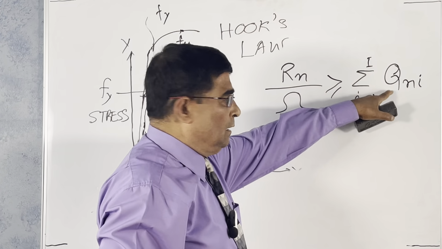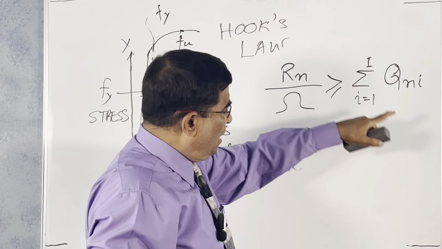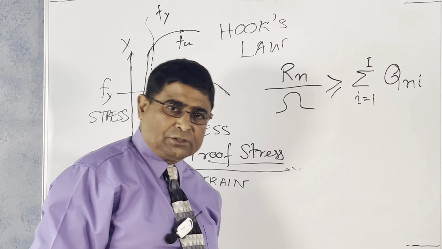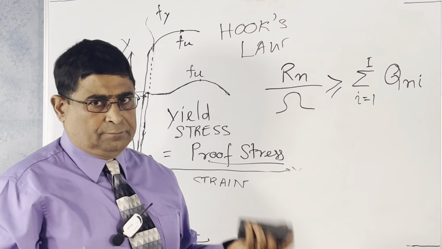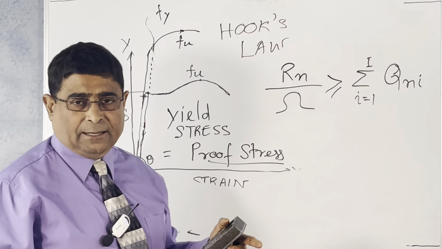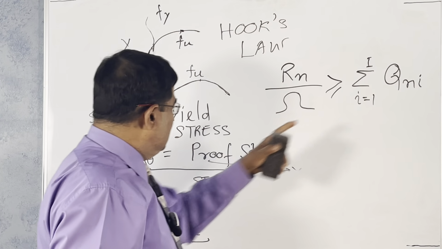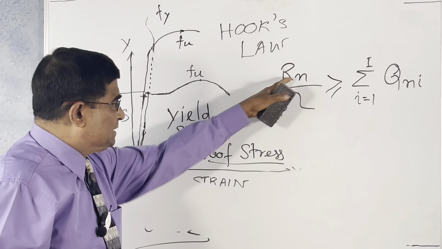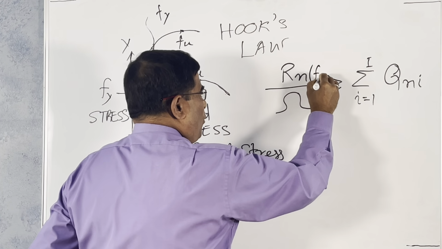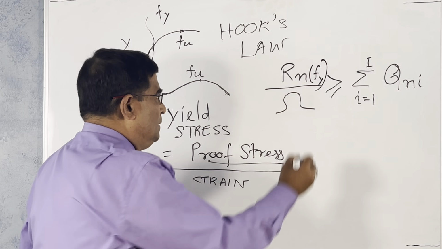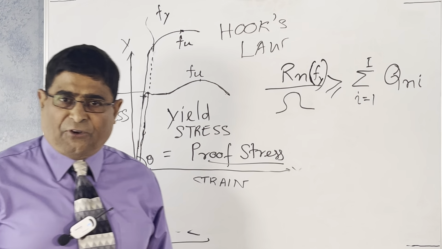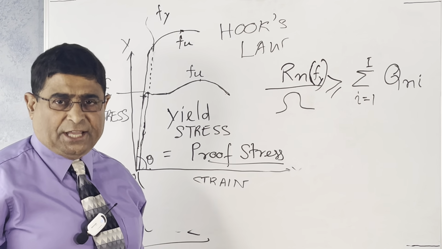This is the design required for different loading, that is the reason you have the summation: for dead load, live load, etc. This side, Fy doesn't influence, but this side it is influenced because Rn is a function of Fy, the yield stress.